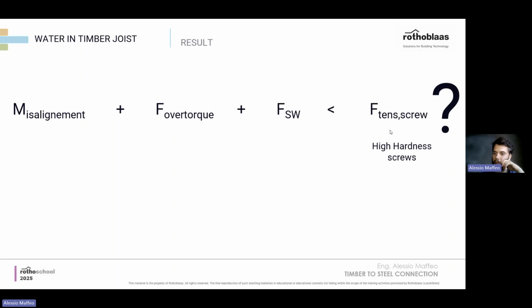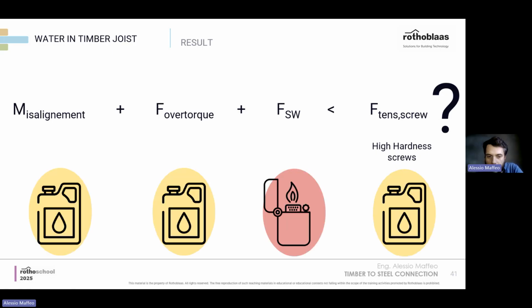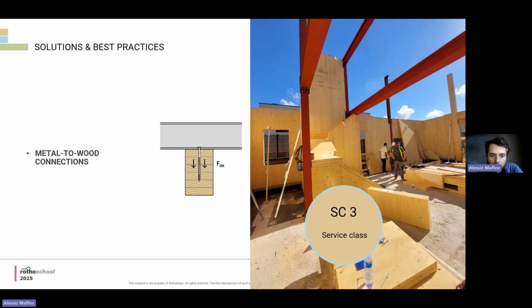If we have high hardness screws, this could also increase the percentages of failure. This is mostly critical in steel to timber. It is not as critical in timber to timber, because even if one element swells, the counterpart is not as rigid as a steel element.